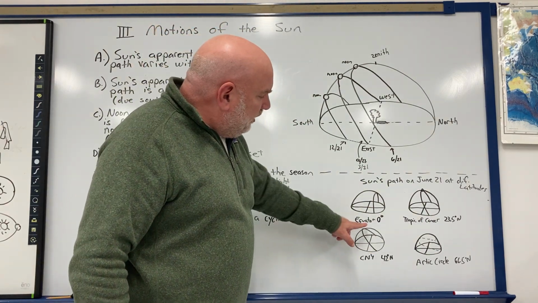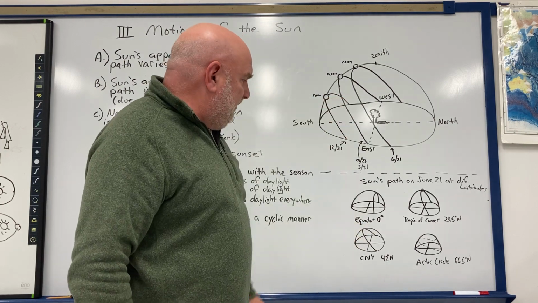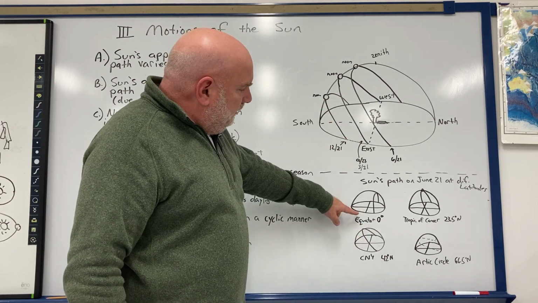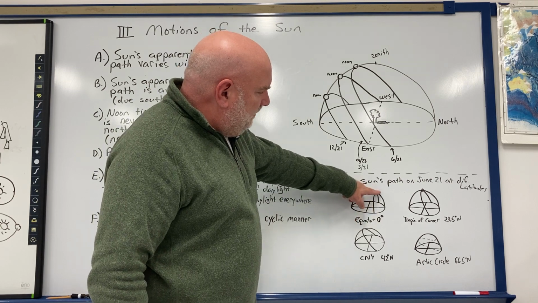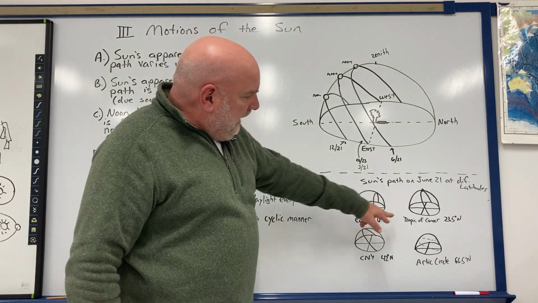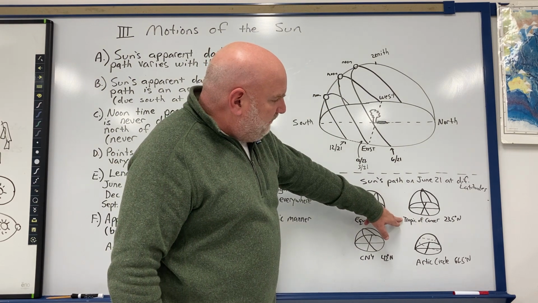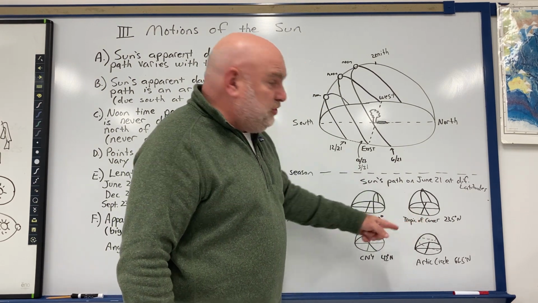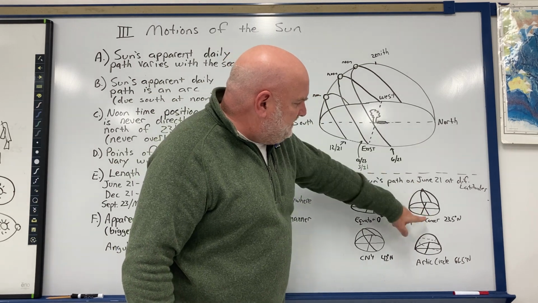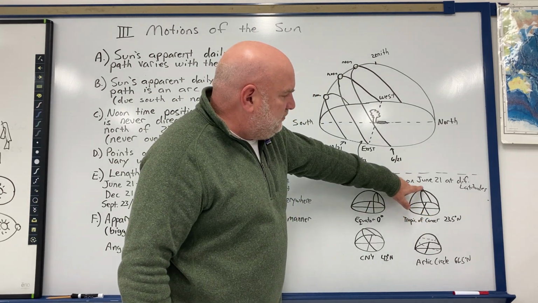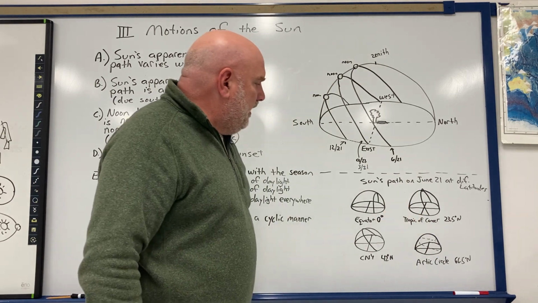So see the New York path right there is basically the same as that. If you look at the equator, it doesn't really go up and down at an angle. It pretty much goes straight up and straight down. At the Tropic of Cancer, 23.5 degrees north, on June 21st, that's the day where the sun gets directly overhead. So you see that path has the sun get directly overhead and go down.